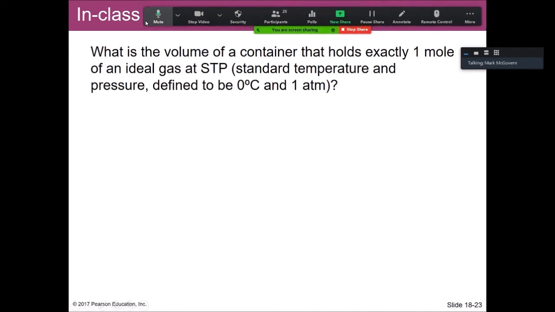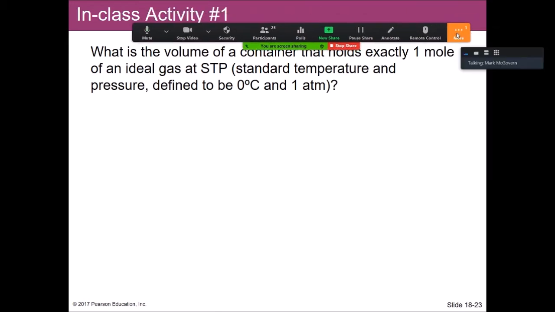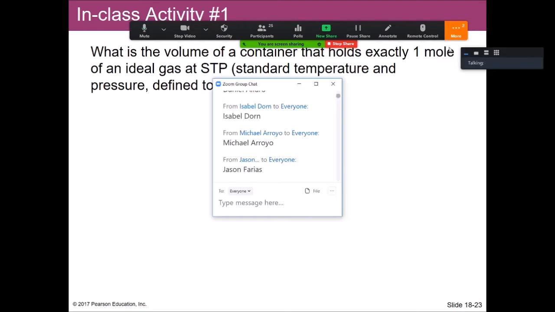STP is standard temperature and pressure, which is 0 Celsius, 1 atmosphere. If you have exactly a mole of a substance at 0 Celsius and 1 atmosphere, what would the volume of a container be? So you can work that out.